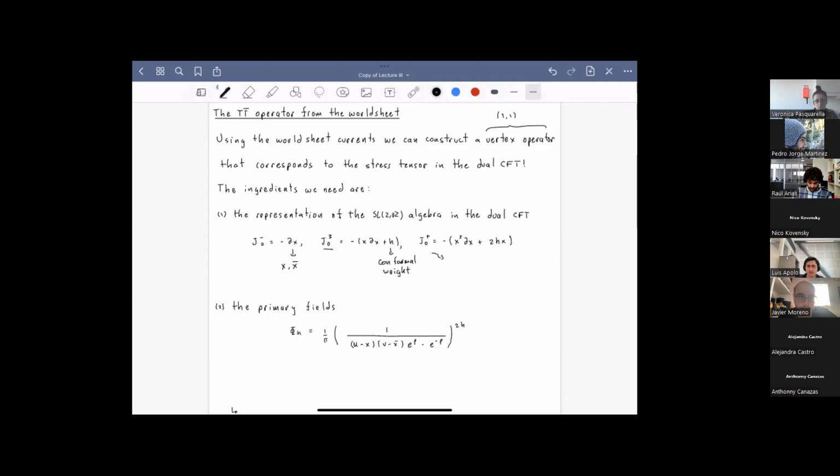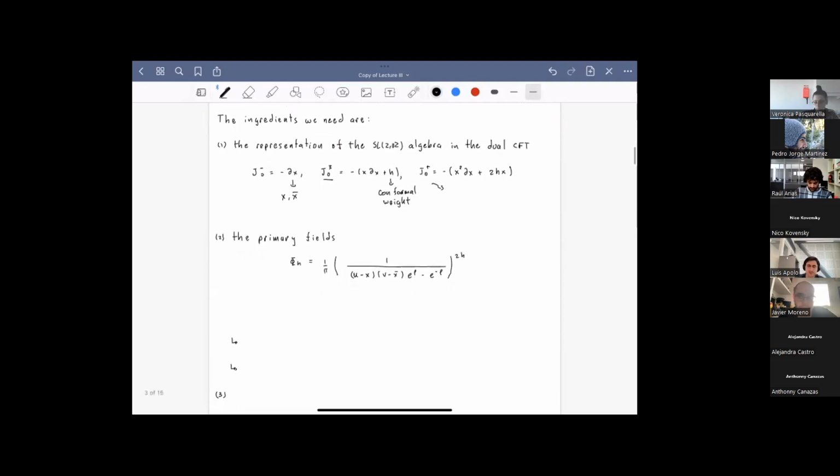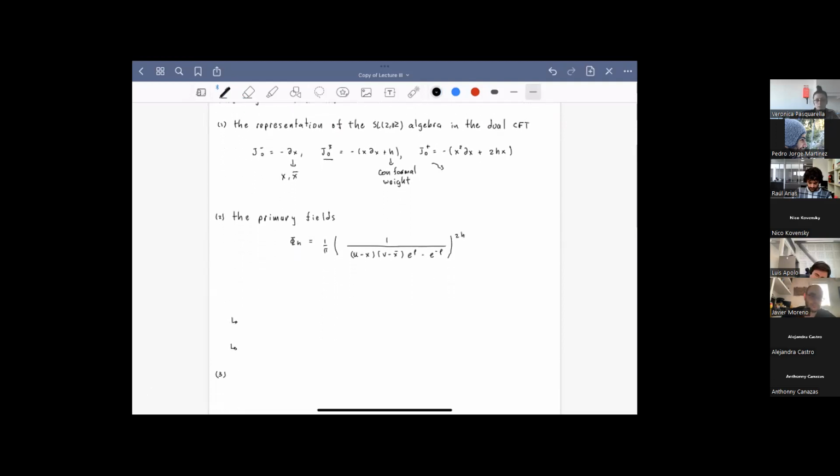The second ingredient we're going to need is the set of primary fields. And these are primary fields which are representations of both SL(2,R) algebras, meaning the one that we find in the worldsheet and the one that we find on the boundary side, on the dual CFT. So in particular, they satisfy the following equation, where this is the Lie derivative with respect to the Killing vectors that I had written before.